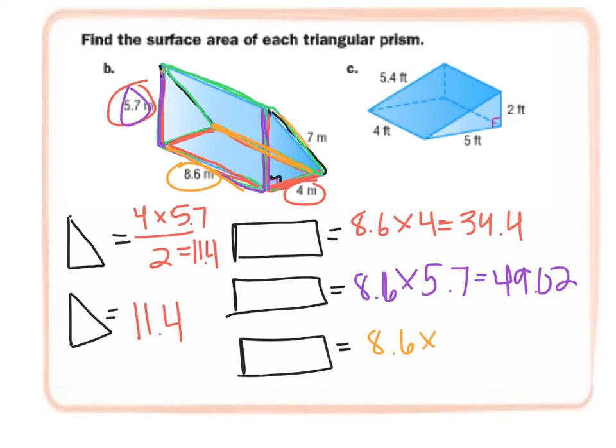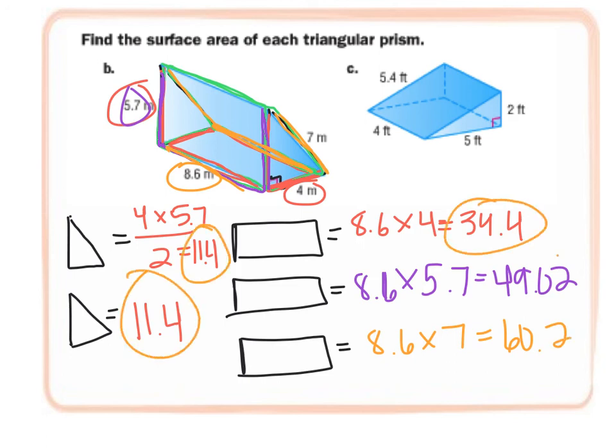And then the side of this one, side here, is going to be 7. So 8.6 times 7 equals 60.2.